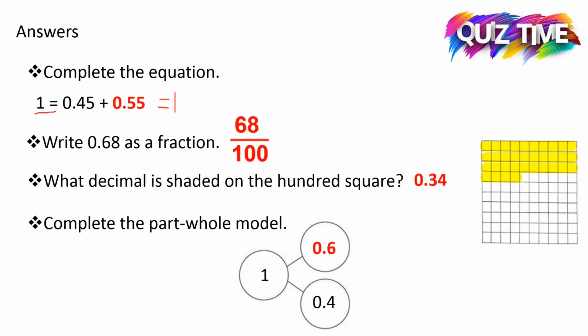The decimal shaded is 0.34, so we could count in tens: 10, 20, 30, 31, 32, 33, 34. So that would be as a fraction 34 hundredths.